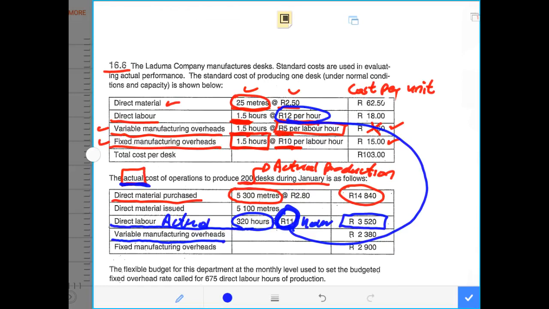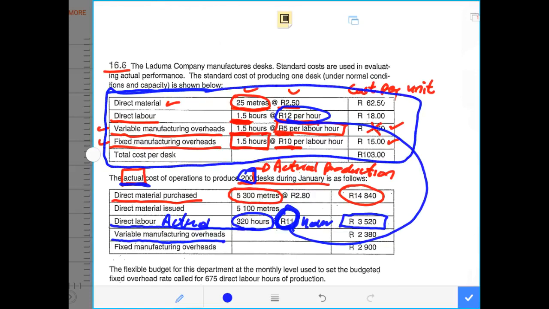This is the 320 hours that we actually incurred in order to manufacture the 200 desks. But we did not see any budgeted hours in the standard table, so that we can compare the budgeted hours with the actual hours. But as we proceed, maybe we'll see some information.